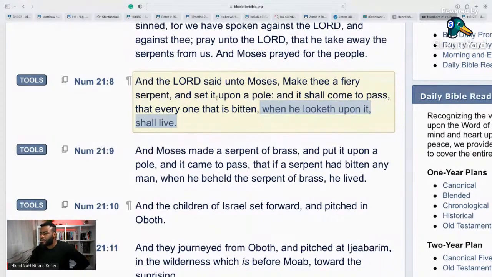Now, that fiery serpent which he made provided actually healing for the people. You see that? When people looked on it with faith, not to worship, but with faith, according to the words that Tanzambe spoke to Massa, when he said, whoever will look upon it will be saved.